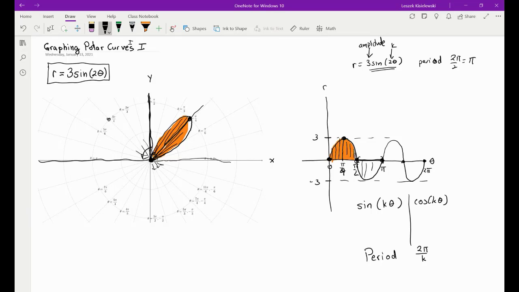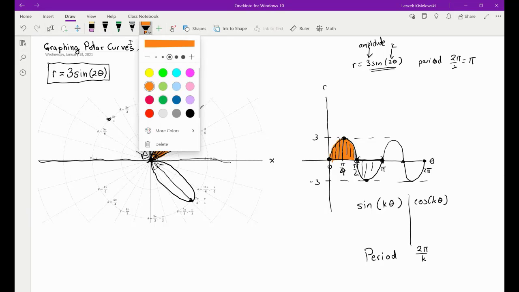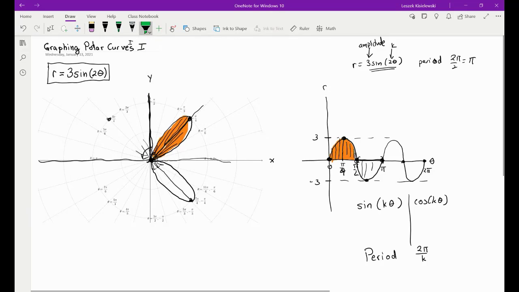And when the angle is 3 pi over 4, r is -3, so we go in the opposite direction. So r starts at 0, increases in magnitude, and then returns to 0. This part of the graph in the r theta plane corresponds to this petal for our polar graph in the xy plane.